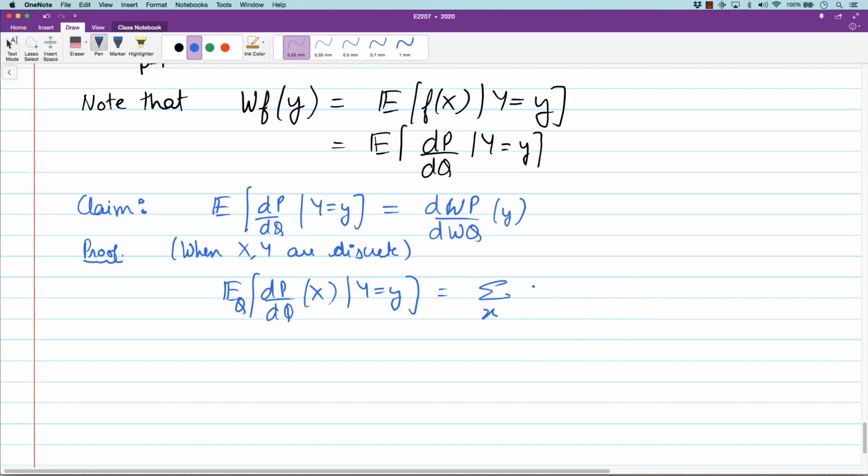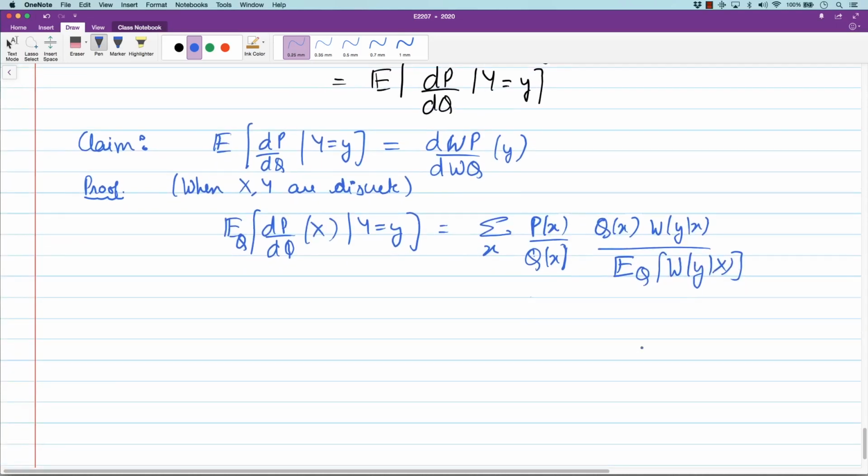This is equal to px by qx, that's this function, times qx W of y given x divided by the marginal, which is this guy. That's what the density is.